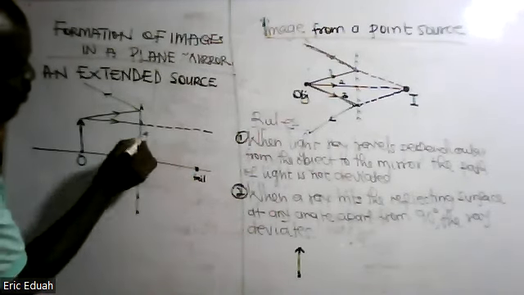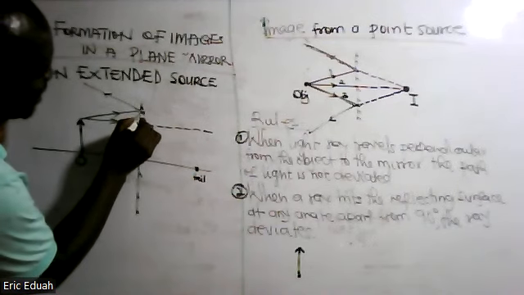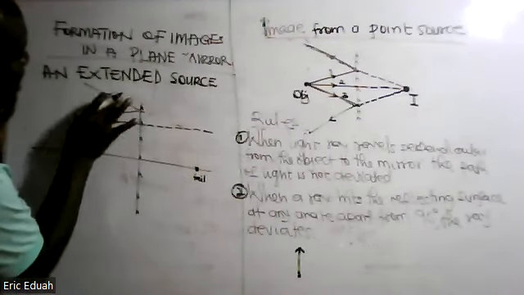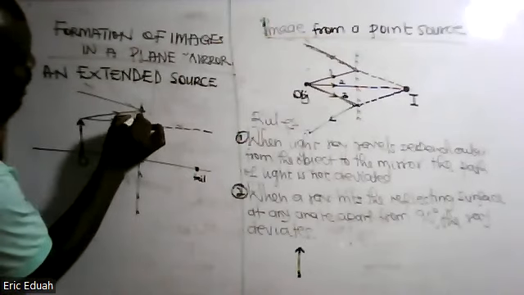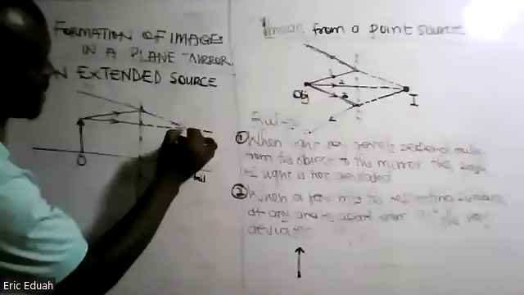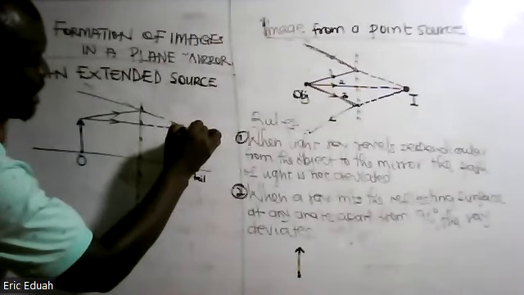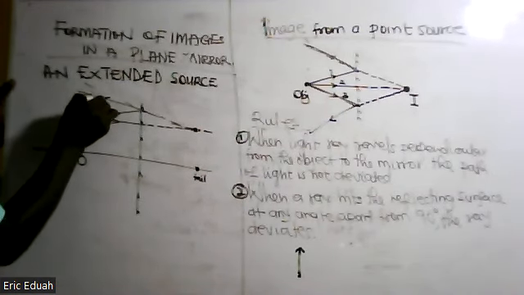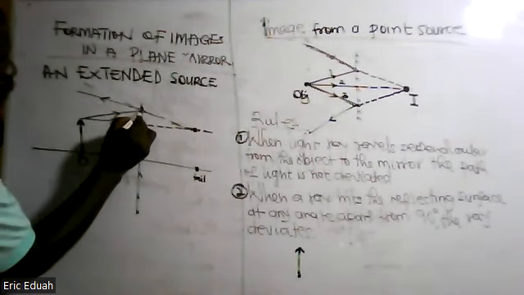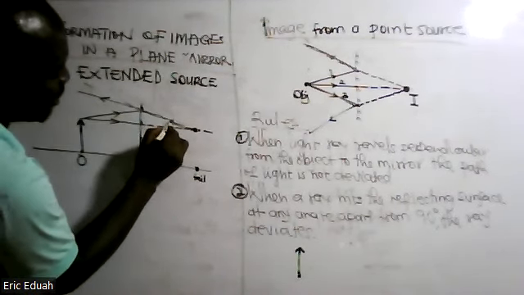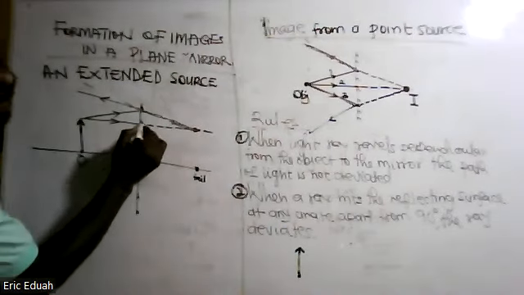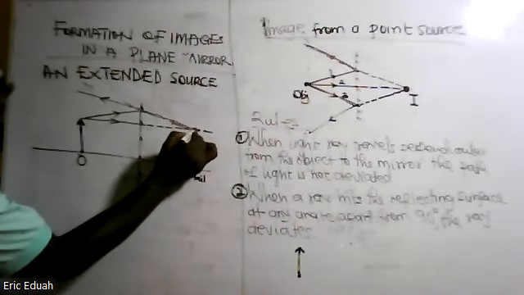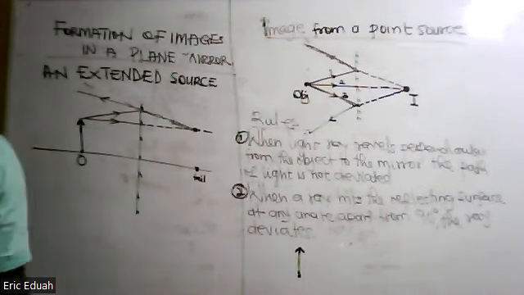Now, if I extend this reflected ray, it has to meet the image at a point. That point would indicate where the head would be. After retracing the path of the reflected ray at the other side of the mirror, where these two reflected rays meet is the point where the image of the head would be.